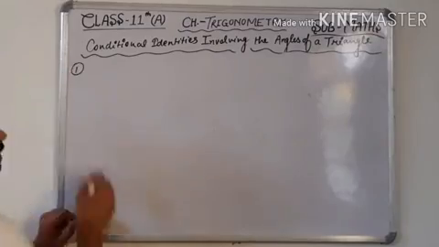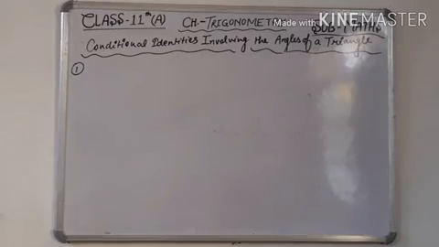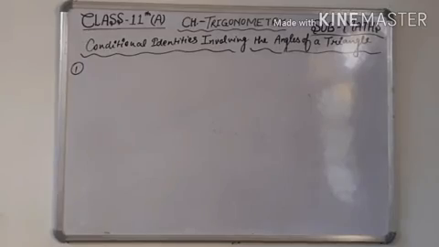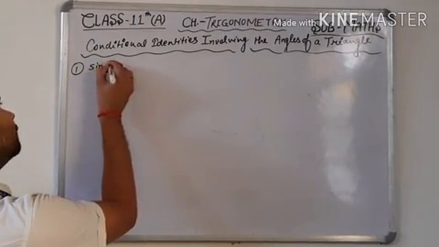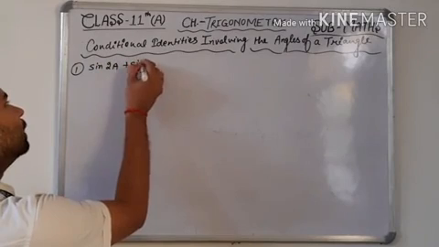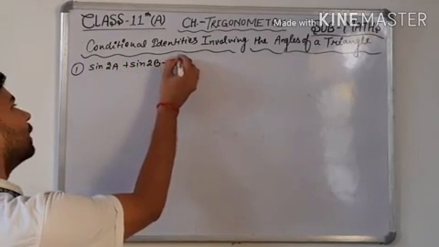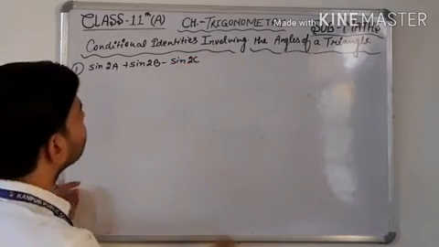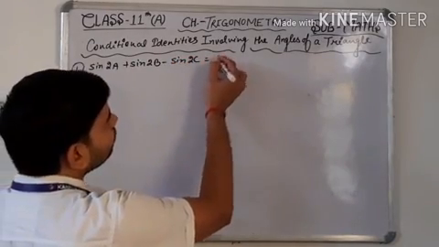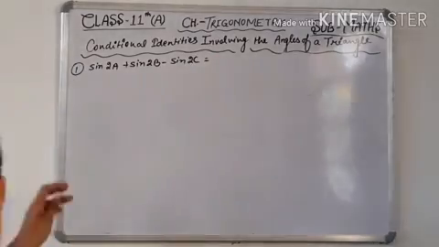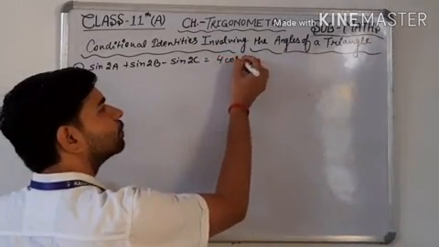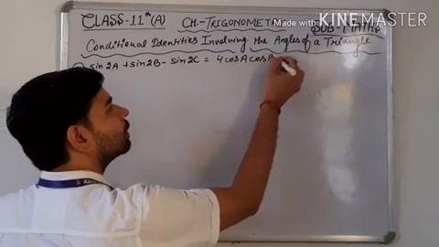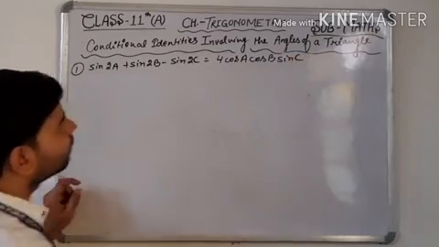We are taking a question which is sin 2A plus sin 2B minus sin 2C is equal to 4 times cos A cos B sin C. You have to prove it.